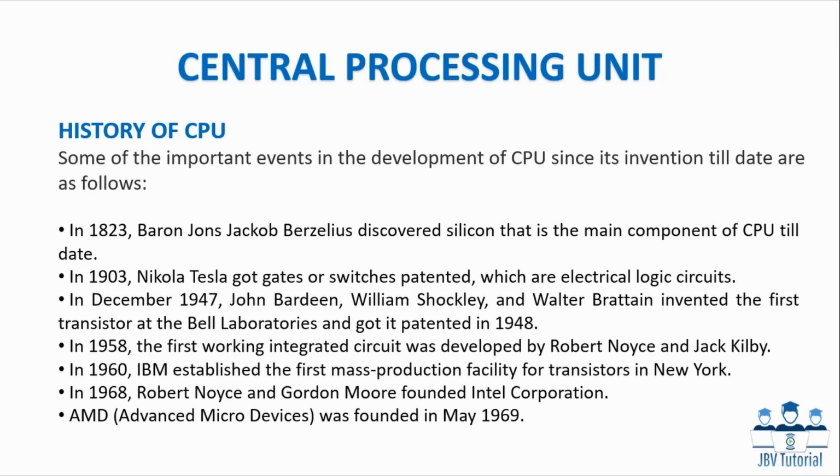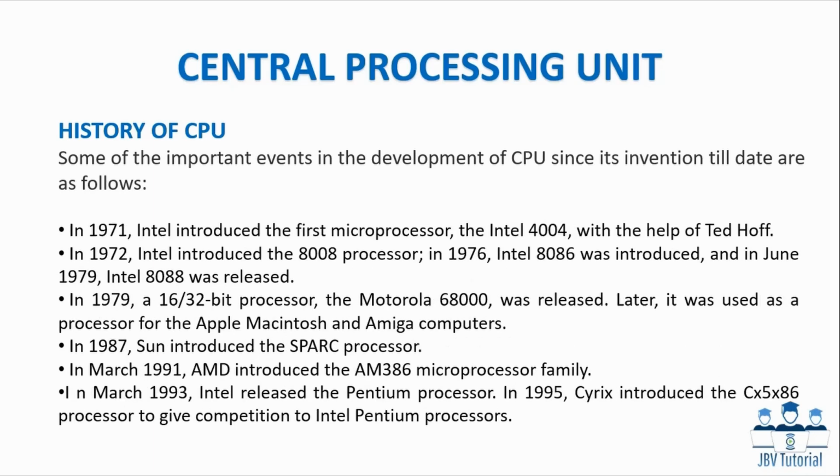In 1968, Robert Noyce and Gordon Moore founded Intel Corporation. AMD, Advanced Micro Devices, was founded in May 1969. In 1971, Intel introduced the first microprocessor, the Intel 4004, with the help of Ted Hoff. In 1972, Intel introduced the 8008 processor.